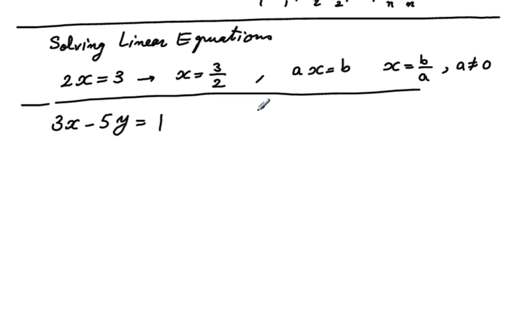The question is, give me some solution. So what do you mean by a solution? Solution means a bunch of numbers that if you plug them back into the equation, it turns it into a true statement. That is, it actually makes the left-hand side equal to the right-hand side.